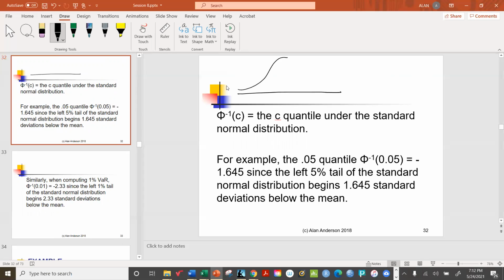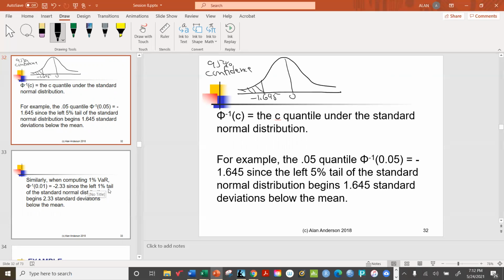Those are the two most popular choices. They're not the only ones. So for 95% confidence, that z-score will be negative 1.645. And we've already seen this one.